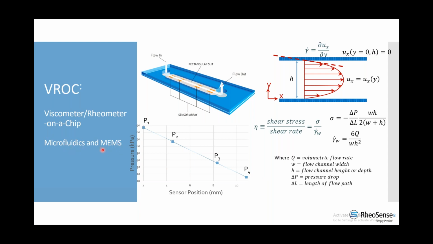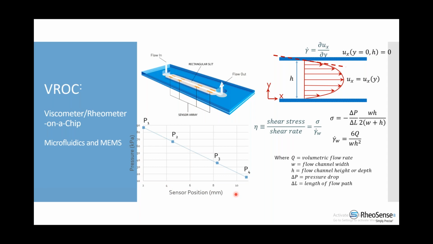So we have a rectangular microfluidic channel where we have 4 pressure sensors, which are linearly aligned across the channel. In this system, we control the flow rate through the channel and monitor pressure drop as the fluid flows across the channel.